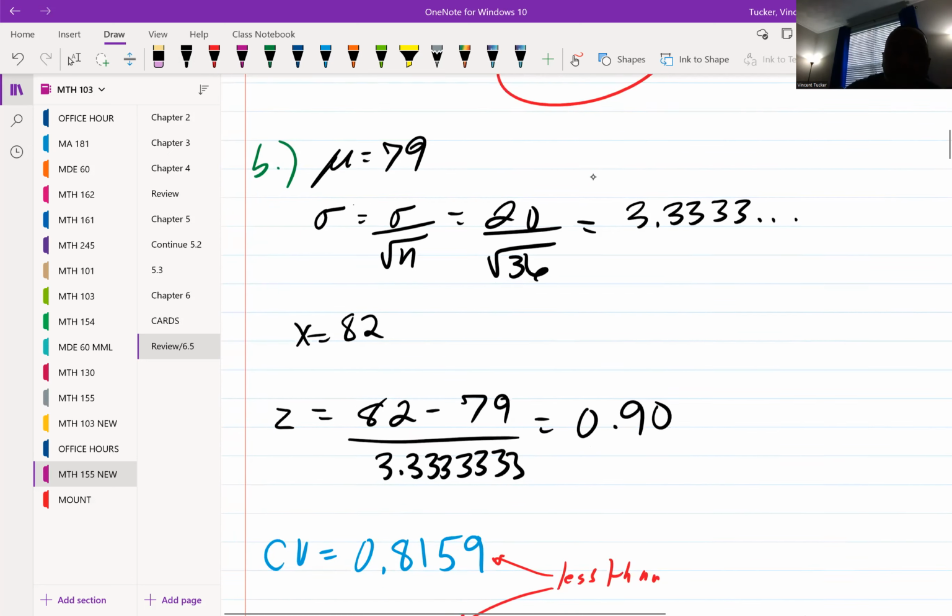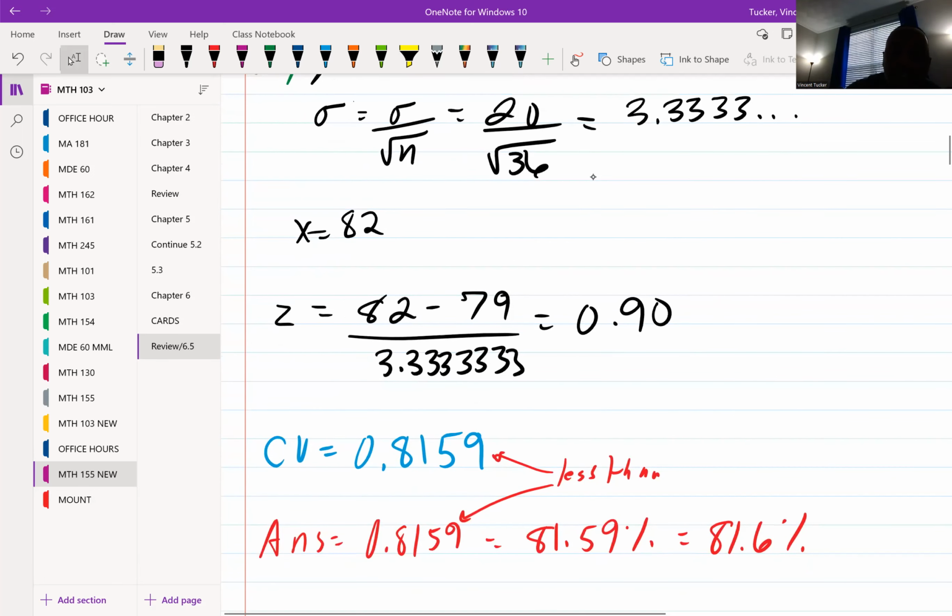And then you go to the z-score chart again, the same way we did the last one, and we ended up getting 0.8159. Once again, we're dealing with less than, so we use that value, move your decimal 2 places to the right, and since they wanted one decimal place, it's 81.6%.